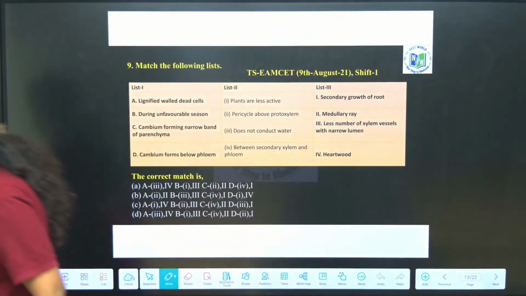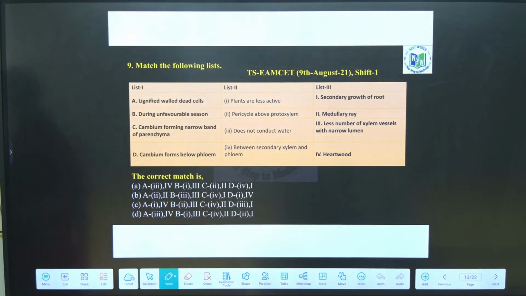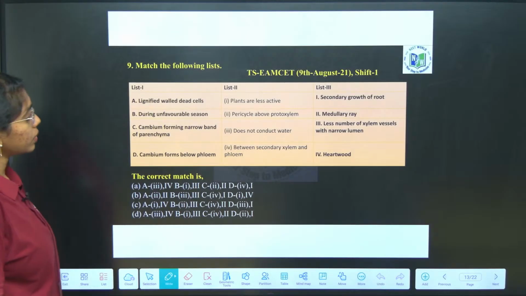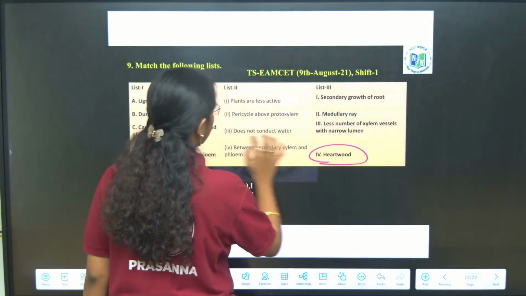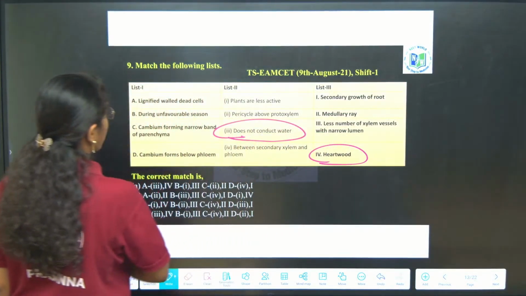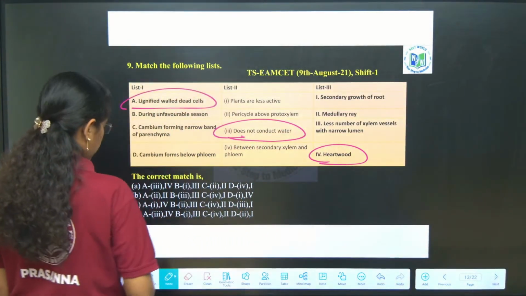Multi-column based match the following type of question. Lignified walled dead cells. Okay, dead cells with lignified wall are seen in the heartwood region and they do not conduct water. Okay, so this is identified.